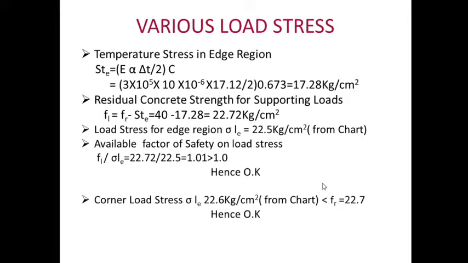So the loss of concrete strength due to temperature stresses, S_TE, is equal to E alpha delta T by 2, where E is Young's modulus of the concrete, alpha is the coefficient of thermal expansion, and delta T is the temperature variation.